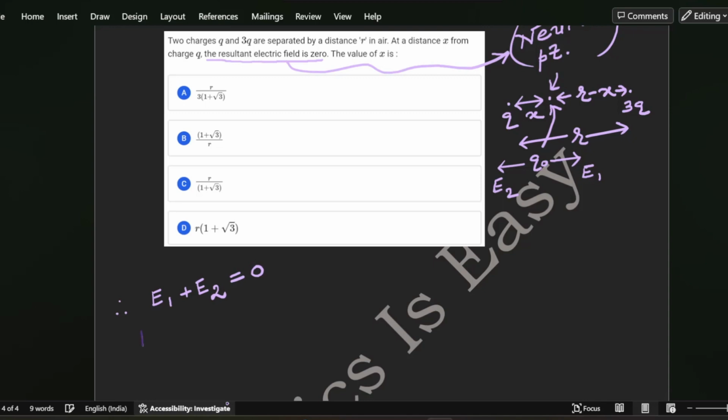And E1 is going out to be K q divided by x square. I am considering K as a constant, 1 by 4 pi epsilon naught, and I am not writing that again.